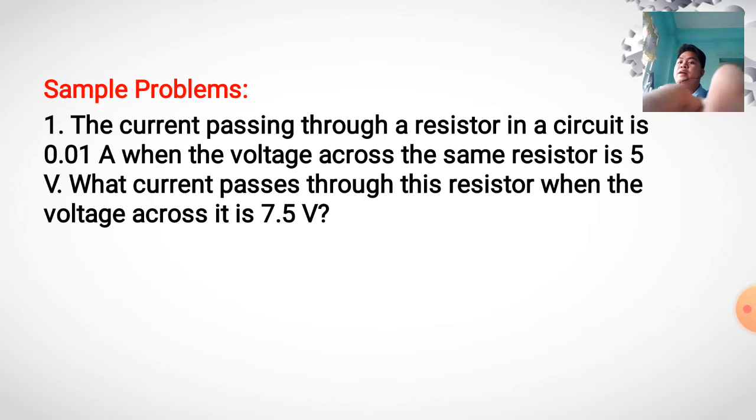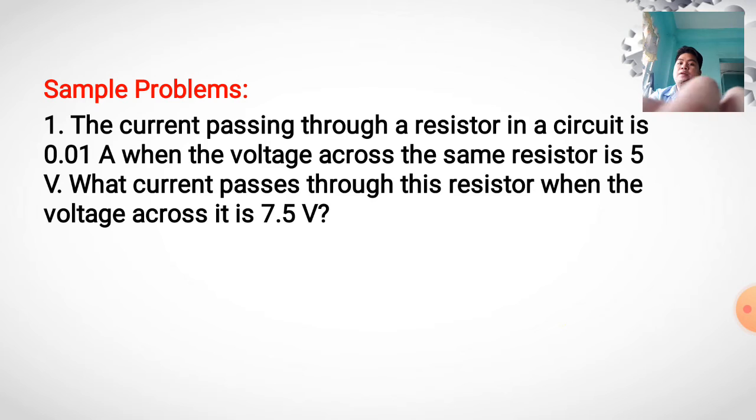So let's have a sample problem. Problem number one: the current passing through a resistor in a circuit is 0.01 ampere when the voltage across the same resistor is 5 volts. What current passes through this resistor when the voltage across it is 7.5 volts? First, we need to identify what is given in the problem.